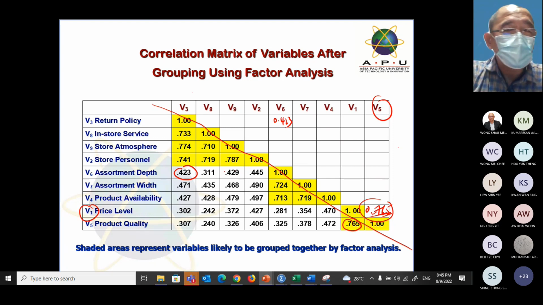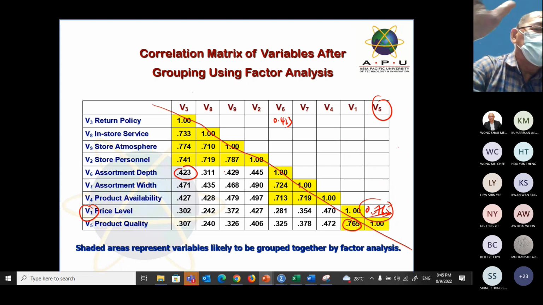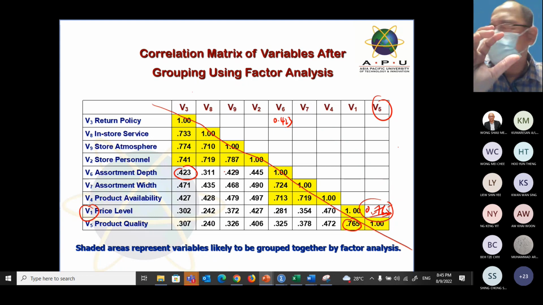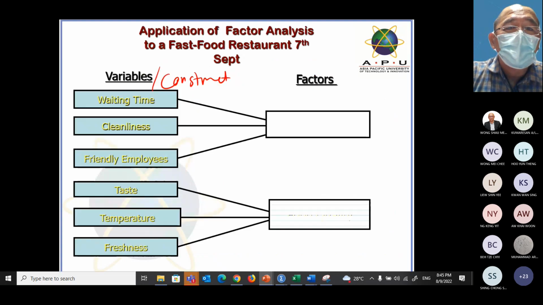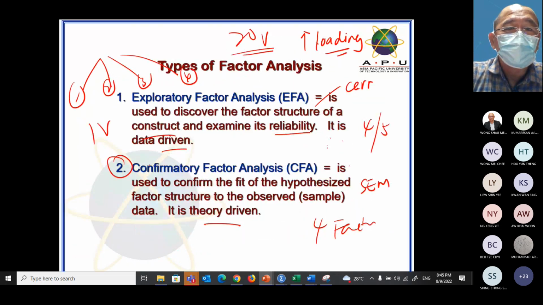This is only Pearson. They don't yet consider the factor, but it's some guideline for us, so you know the idea roughly. But we actually want to see the factor loading. Factor loading is the relationship between the variable and the factor.